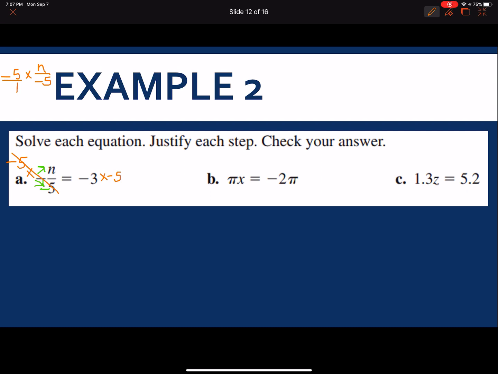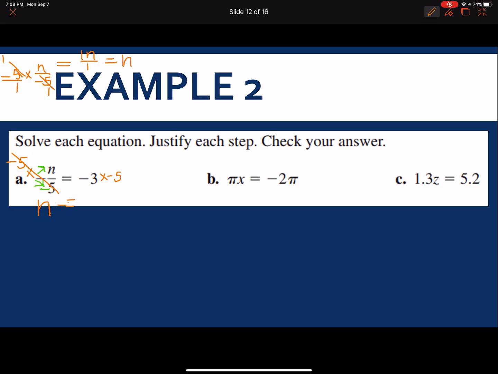And before you multiply straight across, you can simplify those values that have common factors. For example, -5 is divisible by -5. How many times does it go in there? Once. So all of this simplifies to 1n over 1, which simplifies to n. So this entire left side simplifies to n.